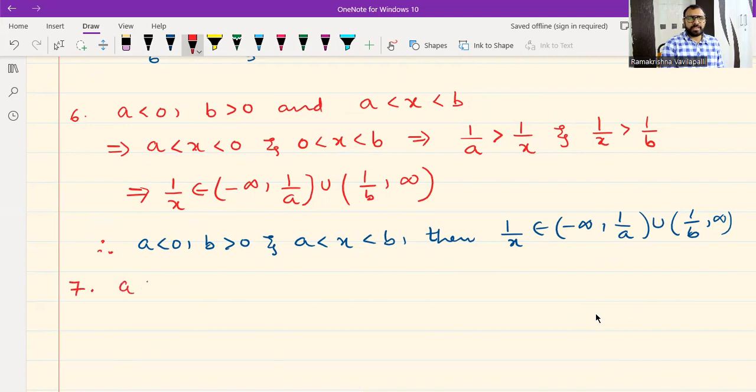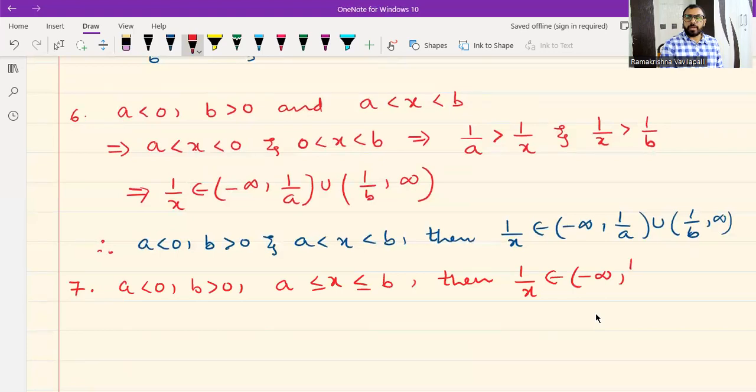For example, A negative, B positive, A is less than or equal to X less than or equal to B. Then 1 by X belongs to minus infinity to, here at 1 by A you have to take closed interval, union 1 by B to infinity. This is very, very important, that 6th and 7th. Of course, these are all very, very important.